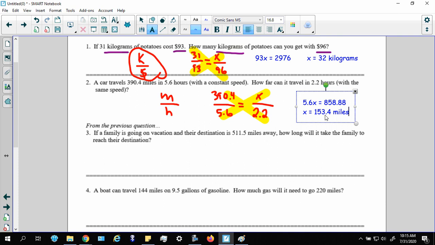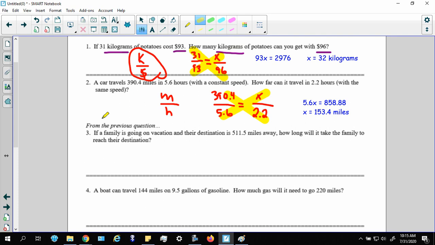All right, now, the reason I wanted to highlight this is because this is a continuation. It says from the previous question. And so what that means is you have to take the information from the previous question. It says if a family was going on a vacation, their destination was 511.5 miles away, how long will it take?